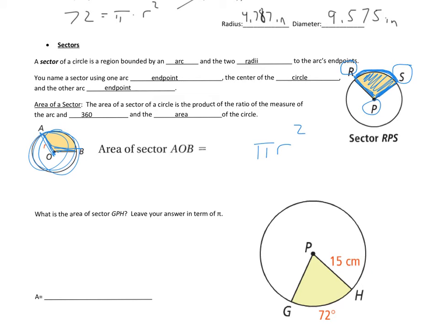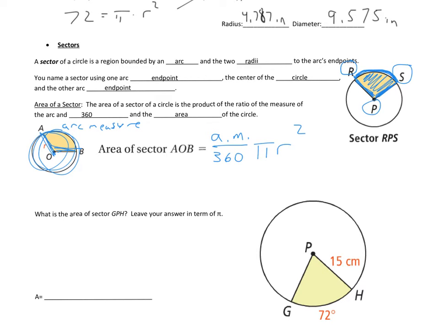If you remember back to when we did arc length, we just wanted a portion of the circumference. So this formula looks very similar to a formula we did before, where if this is the arc measure, how many degrees that is, I'll abbreviate that with AM, we just take the ratio of the arc measure over 360. In other words, if it was the whole circle, 360 over 360 would be a ratio of 1, so we would get pi r squared, the whole area.